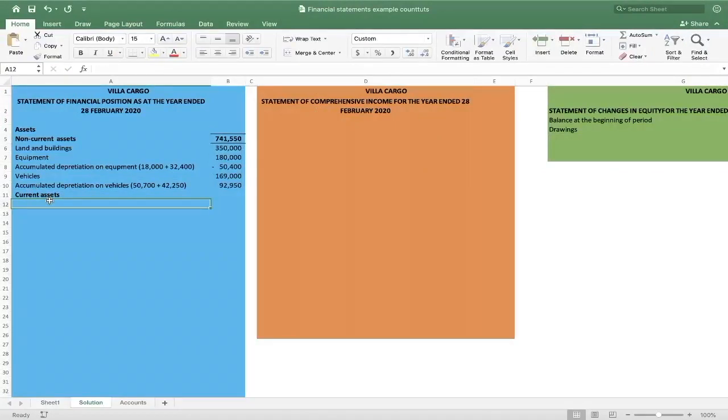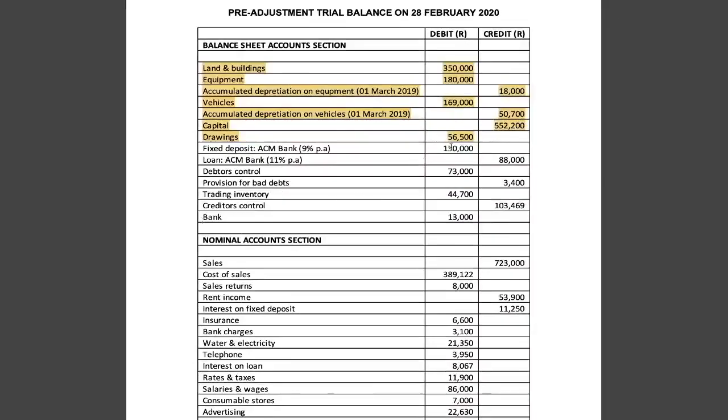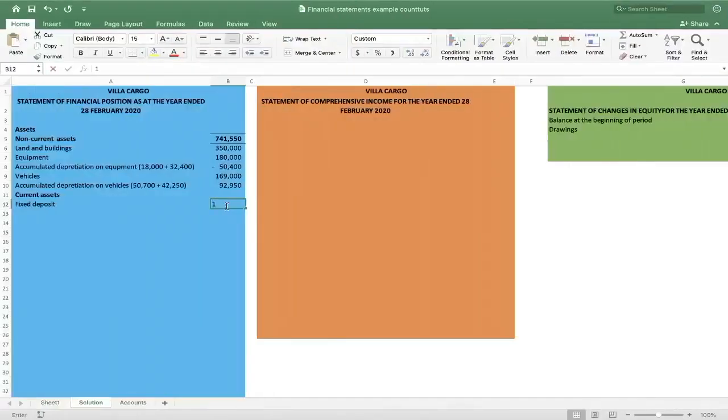Let me write the fixed deposit, because it matures in less than 12 months. If it was longer than 12 months, remember, we would put it as part of non-current assets. And the fixed deposit, how much was it? We're told it's 150,000 rand. So I put the 150,000 rand there, and then we move along.